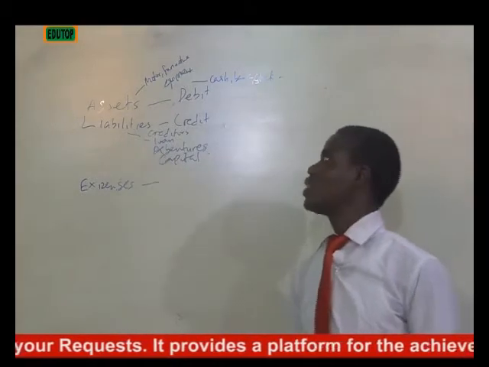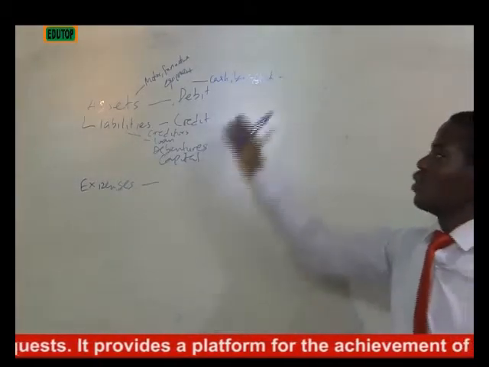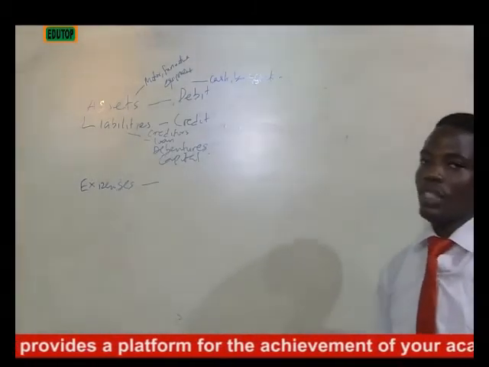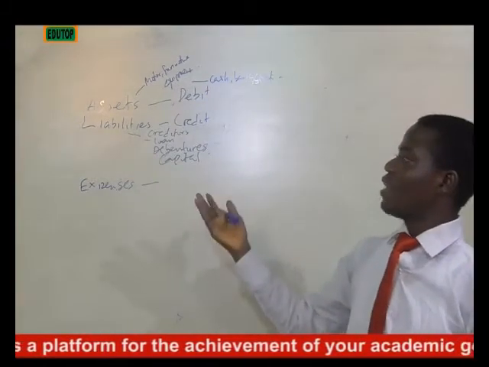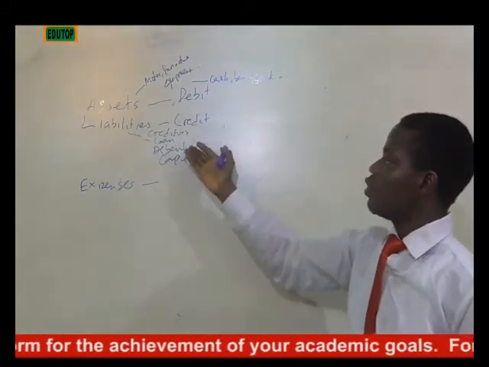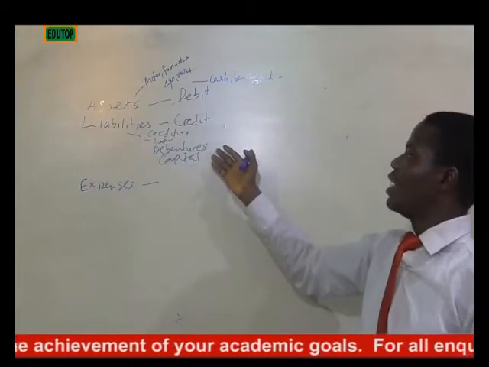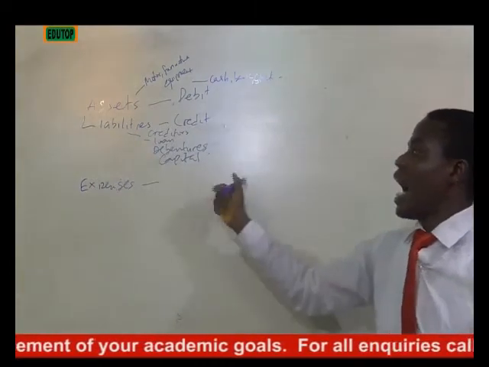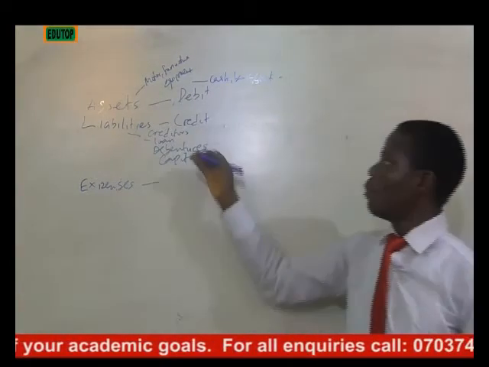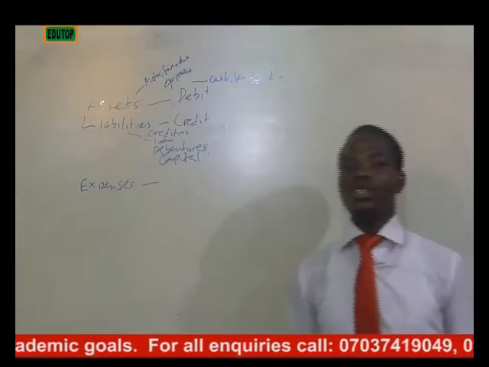Then liabilities. Anything liability, you credit it. You can have different types of liability: we have creditors, loans, debentures, and capital. And this capital also is a liability. Do you know why?